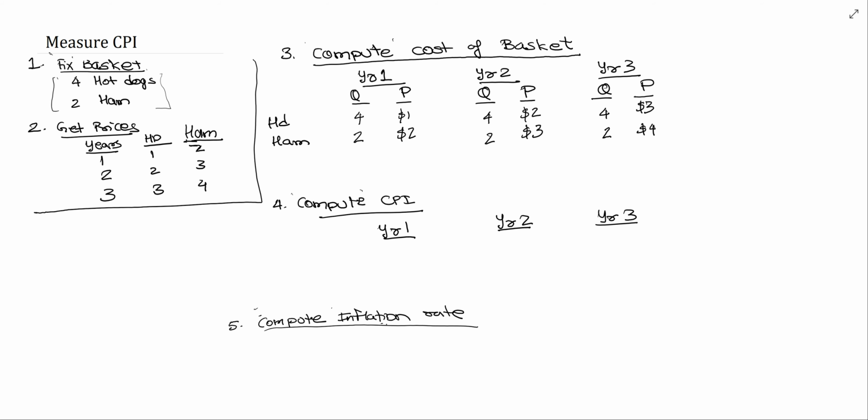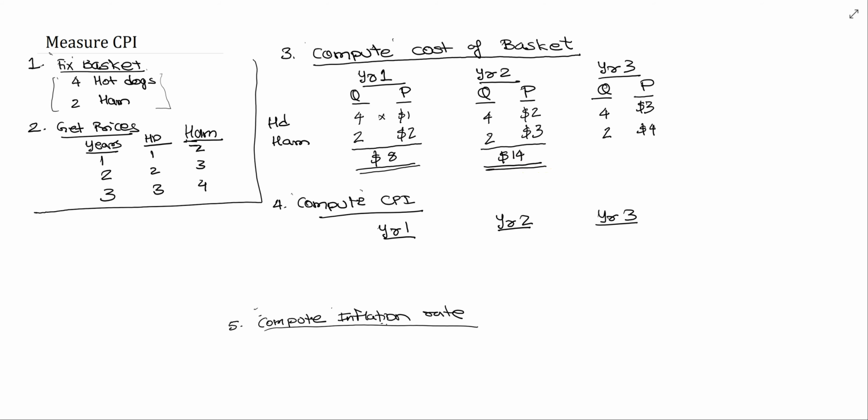So how much will this basket, composed of 4 hot dogs and 2 hamburgers, cost in year 1? 4 times 1 is 4, and 2 times 2 is 4, so the total cost of the basket in year 1 is $8. You'll have to shell out $8 to get 4 hot dogs and 2 hamburgers in year 1. Now the same basket in year 2: 4 times 2 is 8 and 2 times 3 is 6, so that gives you 14.